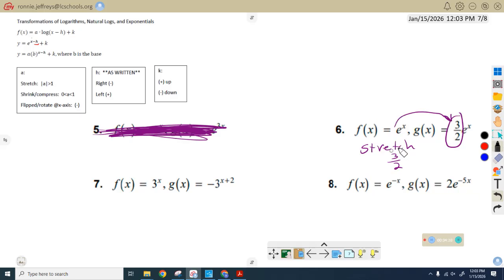All right. Number 7. This makes it flipped. This makes it left 2.